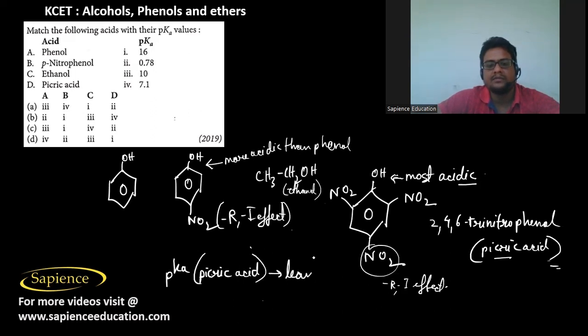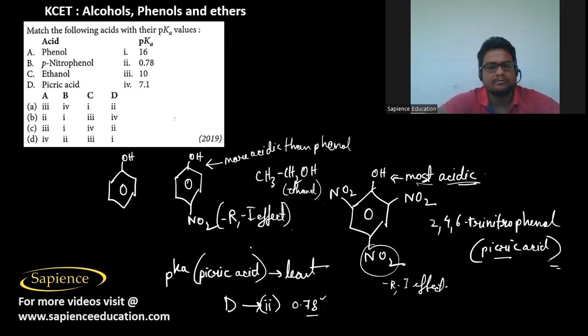So D should match with 2. The pKa value for picric acid should be 0.78, since out of all these four values, the 0.78 value is the least. So it will be the pKa value for picric acid, since it is most acidic among all these four.